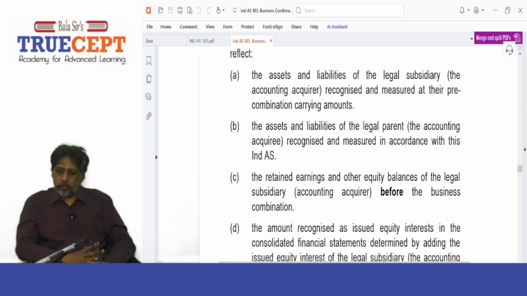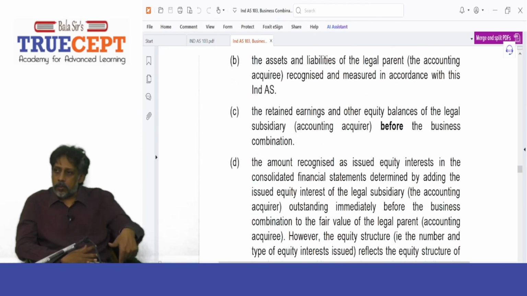Not fair value. The assets and liabilities of the legal parent, which is A Limited, are recognized and measured in accordance with this Ind AS, nothing but at fair value.